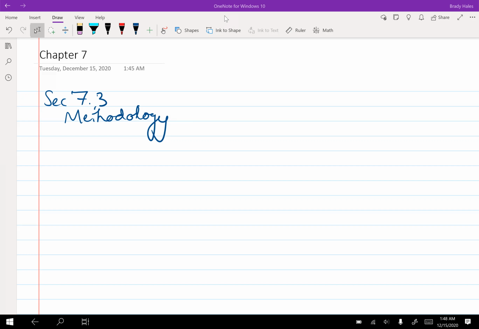I'm going to start today by talking about Section 7.3. This is the methodology for solving convection problems.